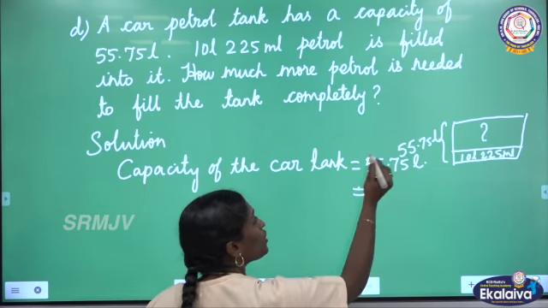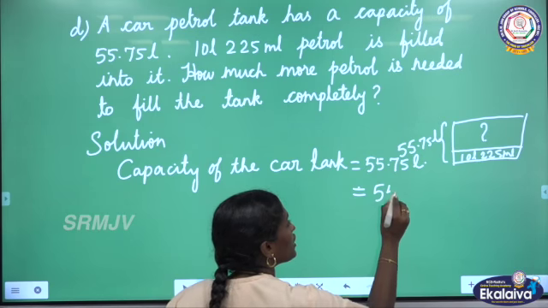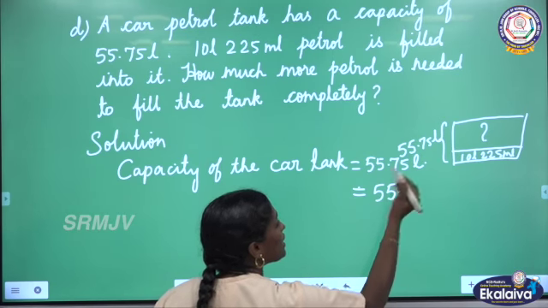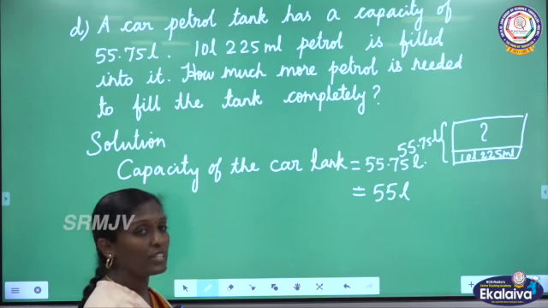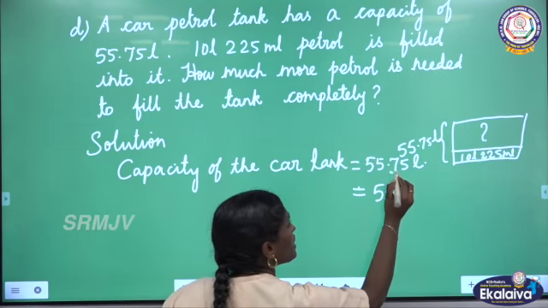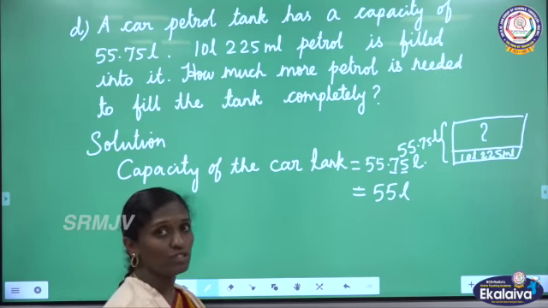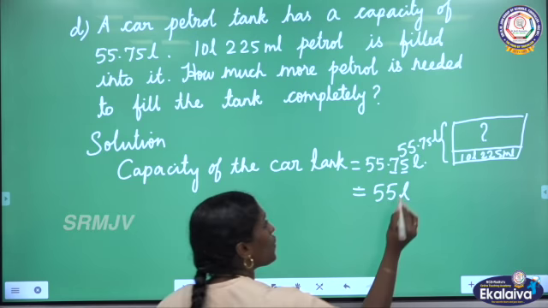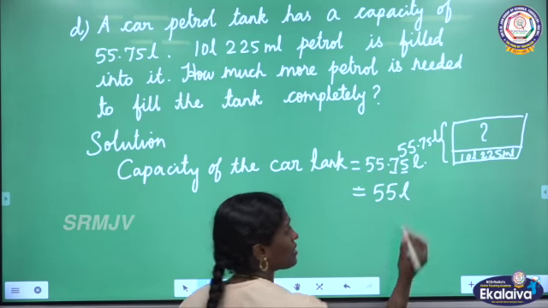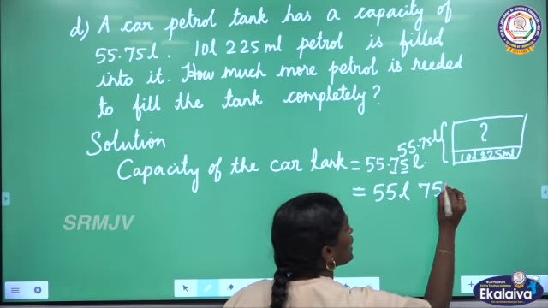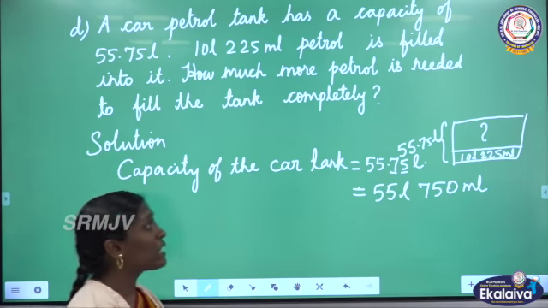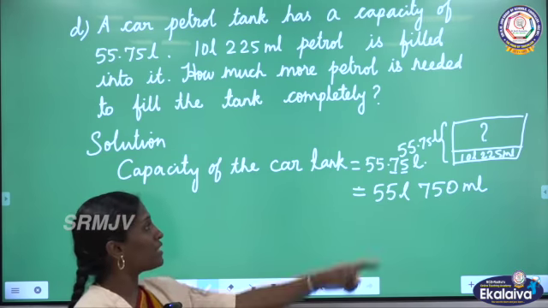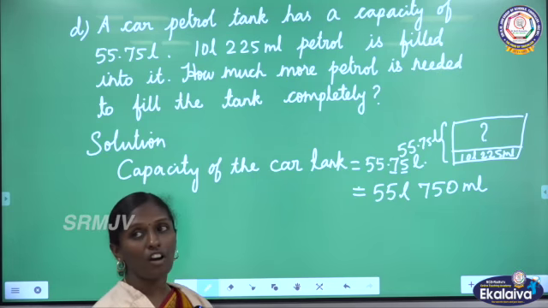Already I told you the whole number part is the greater unit liter and the decimal part is the smaller unit milliliter. But here in the decimal part we are having only 2 digits, 75. So we need 3 places. So we have to add 1 zero at last. So that is 55 liter and 750 milliliter. This is the capacity of the car tank.